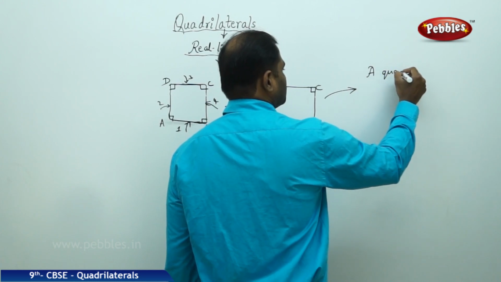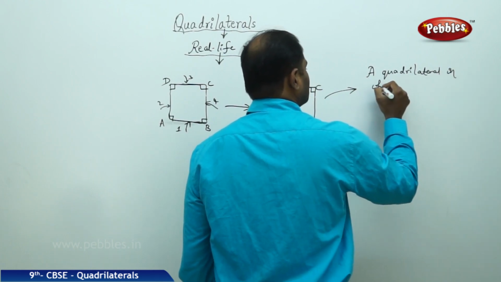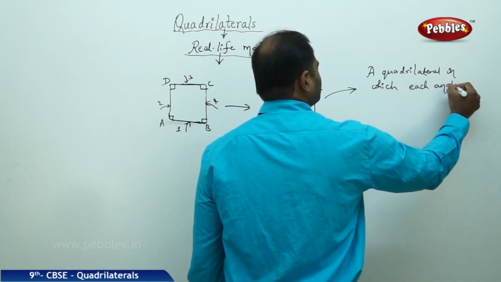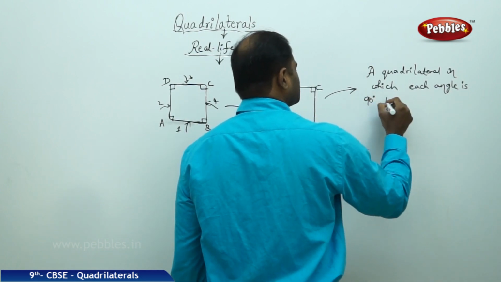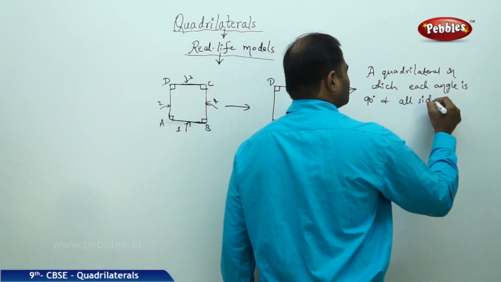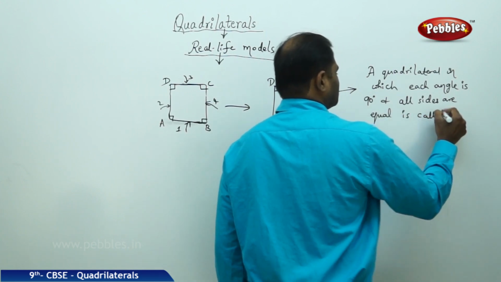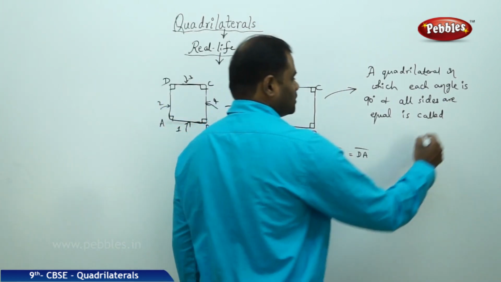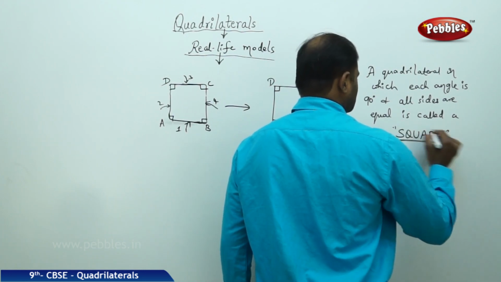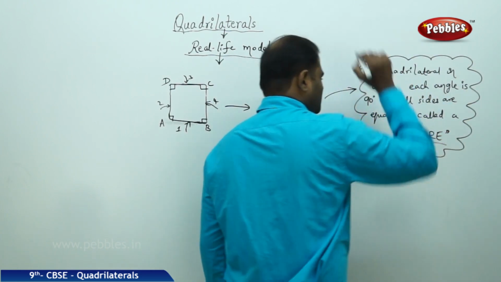A quadrilateral in which each angle is 90 degrees and all sides are equal is called a square.